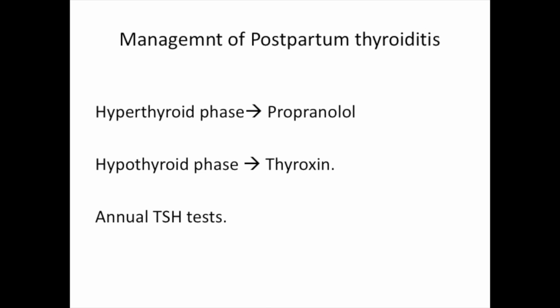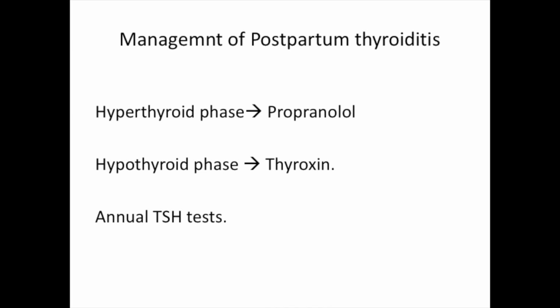But if you see the patient in the hypothyroid phase and you diagnose her as postpartum thyroiditis in the hypothyroid state, especially when she was euthyroid during pregnancy and pre-pregnancy and only antibody titers are high, then you treat her with thyroxine therapeutic dose 1 to 1.5 microgram per kg.